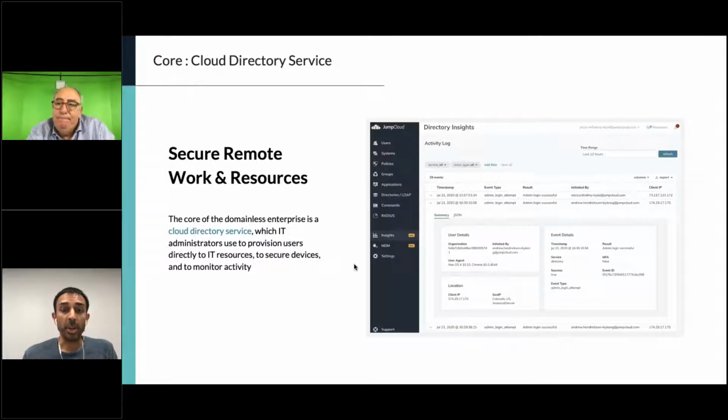Yeah, it's a great question. So ultimately, you can still obviously do the domainless enterprise without having corporate machines, having personal machines, BYOD, if you will. You do lose something. So I would say that if a person does not want to have that device be secured, if you will, or monitored, then that portion of the domainless enterprise is going to be missed. You'll still authenticate with the user, make sure they say who they really are.